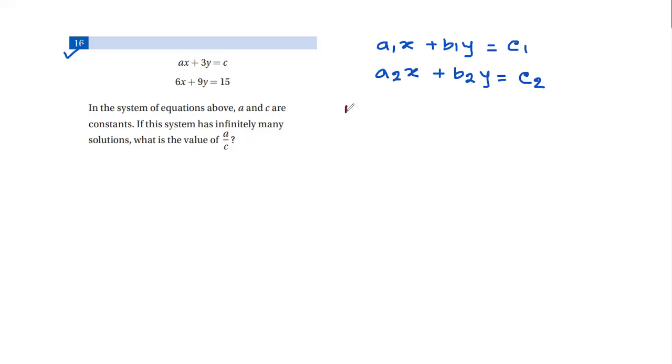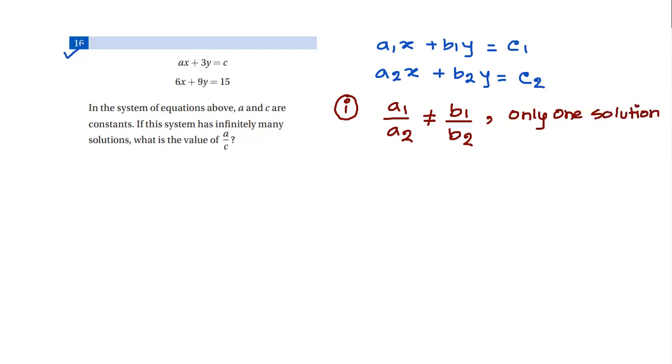So the first case: if you check the ratio of the coefficients of x, a1 over a2, and it's not equal to the ratio of the coefficients of y, b1 over b2, then the system has only one solution, or you can say a unique solution.